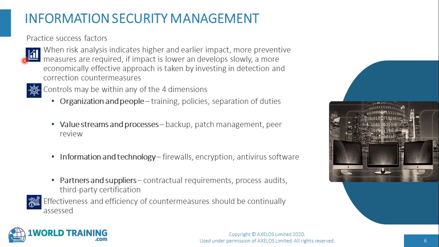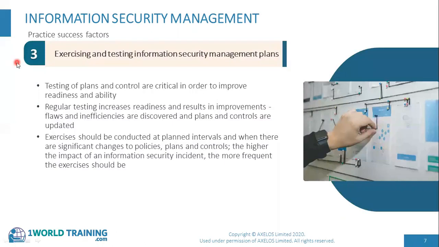Controls may be within any of the four dimensions: organization and people, via training, policy, separation of duties, or integration of duties; value streams and processes, via backup, patch management, peer review; information and technology, using firewalls, encryption, antivirus software; partners and suppliers, via contractual requirements, process audits, third-party certification. Effectiveness and efficiency of countermeasures should be continually assessed.